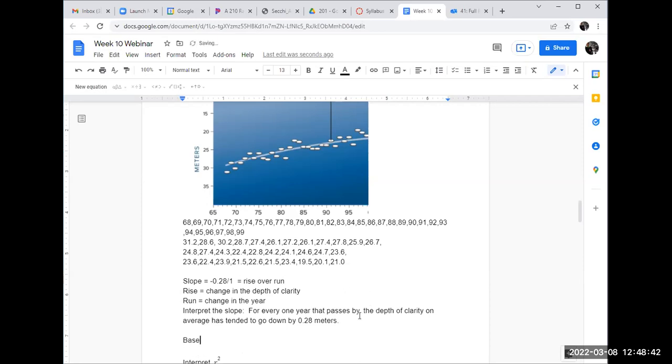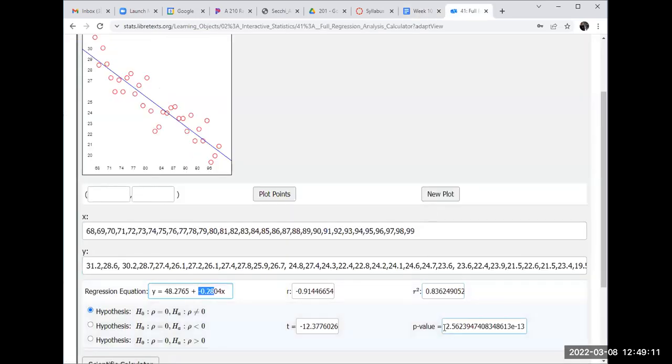So based on this, actually one more thing before I do the prediction, let's interpret the y-intercept or state why it isn't very useful. So the y-intercept, just remember, that was about 48.